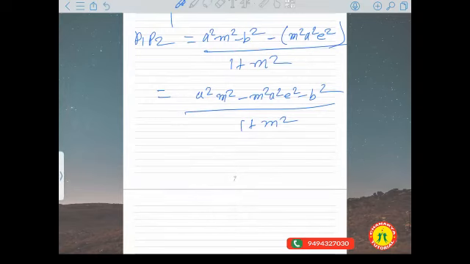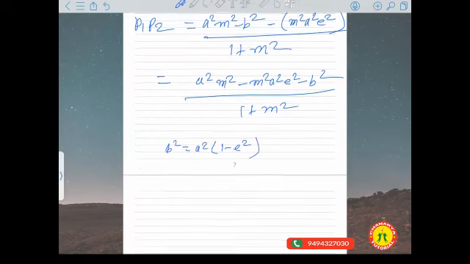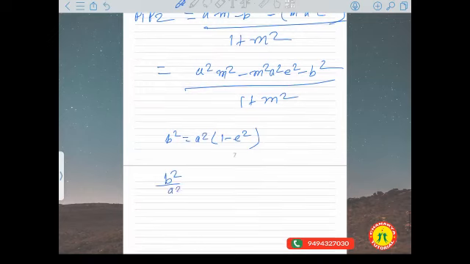Apply e square equal to, you know now b is in hyperbola, we need to remove e square, right? So we know now b square equal to a square into e square minus 1. So you can replace a square e square directly. So a square e square is nothing but a square plus b square, right?